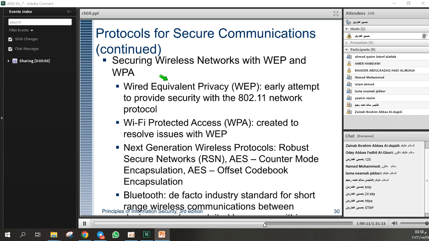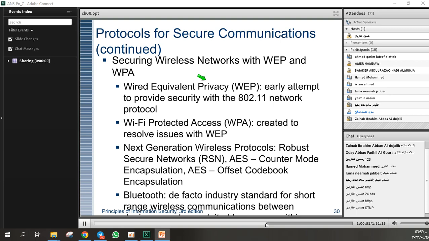Another protocol is WEP. WEP is used for secure wireless networks. WEP and WPA. WEP is Wired Equivalent Privacy. WPA is Wi-Fi Protected Access. In WEP, we are trying to prepare a platform for authentication and authorization, similar to wired networks. In wired networks, we have a special platform for authentication and authorization.